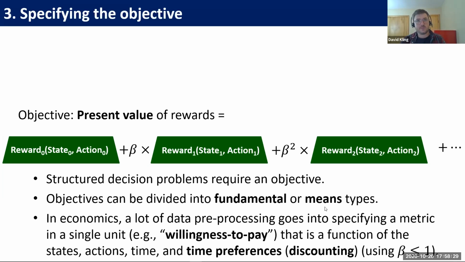Means objectives, I think in general, are indirect measures that are only valuable in so much as we think that they're contributing to a fundamental objective. And one of the instructors can cut in if they don't quite agree, because this fundamental versus means distinction is not coming out of economics.